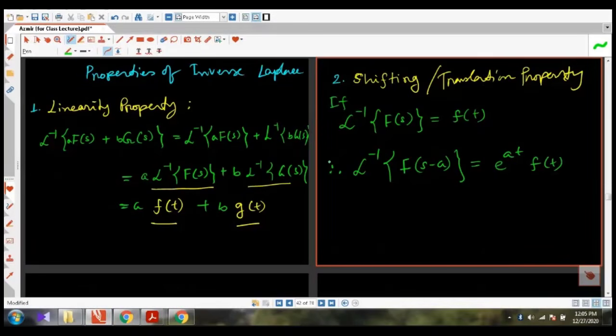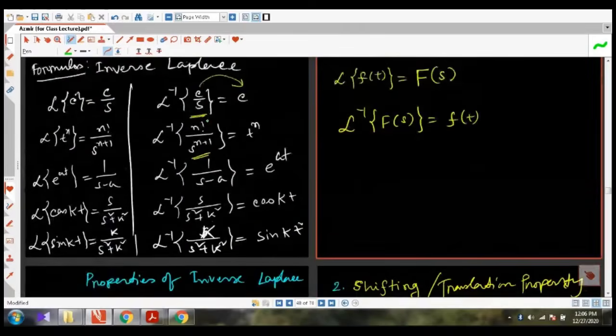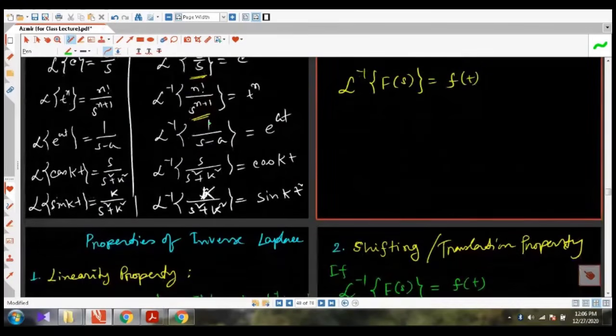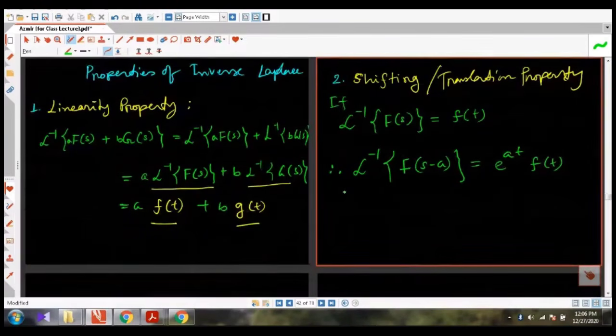So now we are ready to solve inverse Laplace transformation problems. We have all the formulas in our hand, and also we have the two properties. So let's solve some problems, starting from the easier ones and then gradually moving to the complicated problems.